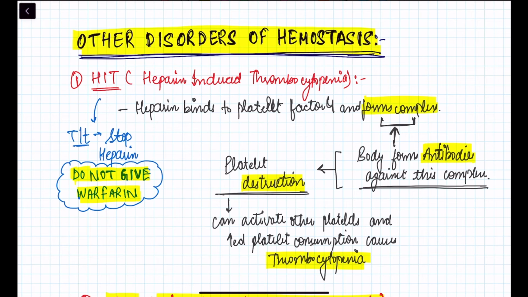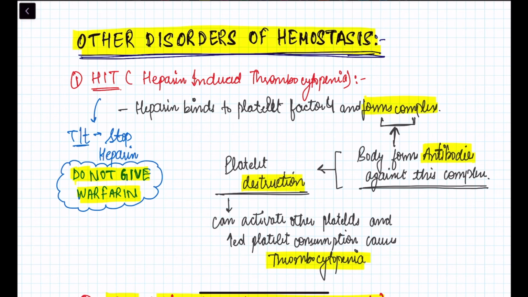So normally we use heparin and then switch over to warfarin if a patient has to be on anticoagulant therapy. When you start with heparin, in some patients heparin normally binds to platelet factor 4 and forms a complex with it, and hence this platelet factor 4 heparin complex is identified as foreign by the body, and antibodies are produced against it.